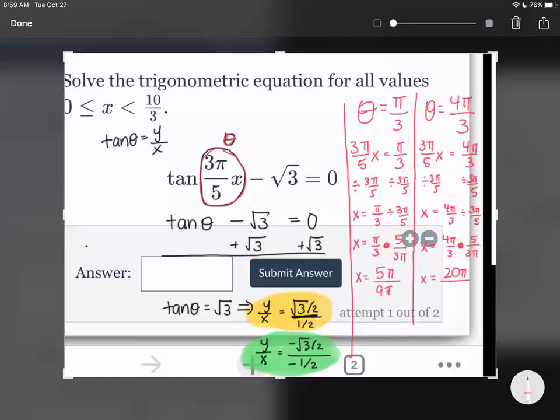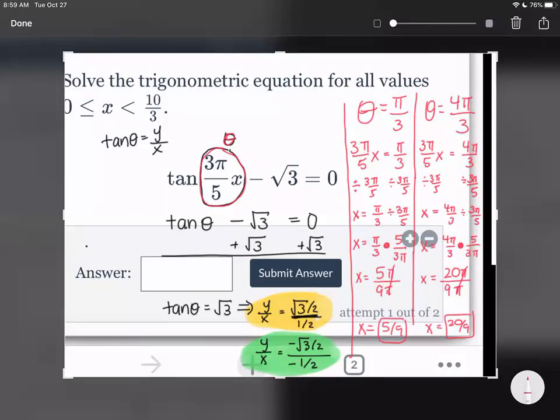And 3 times 3 pi on the bottom, that's 9 pi. And then the pi's can cancel out. You could have canceled the pi's earlier, that's totally fine. I just didn't until now. So once the pi's cancel out, you will be left with 5 over 9 on this one. And on this one, you'll be left with 20 over 9. So those would be your answers, 20 over 9 and 5 over 9.